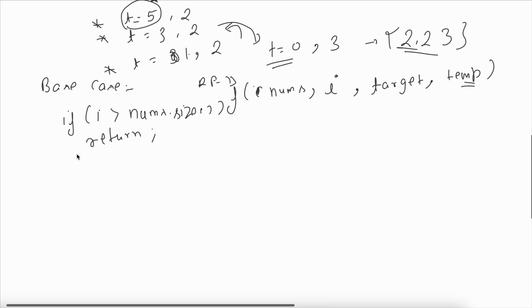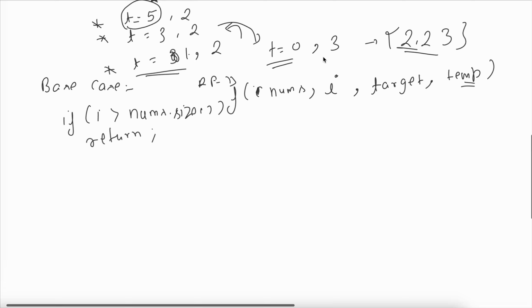Now just think of the second base case. As you can see at this point, our target was 1 and our current number at the current index was 2, so our target was less than 2. This would actually be a logical condition, this won't be a base case. You can just look at this: our target was 0. When our target was 0, we included it in our answer.